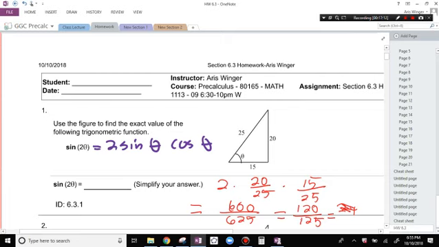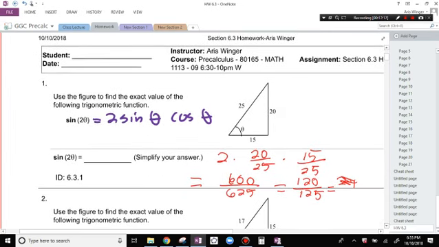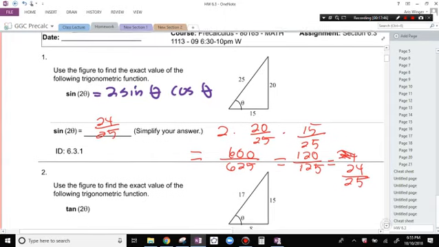Is it 24 over 25? This is closer than half, right? Oh, is it 2 times 20... okay, cool, sorry, I made a mistake there. Yeah, 24 over 25. It just reduces. I didn't see the 2 in front, so you multiply by 2. Yeah, that's how we got 600. Same thing.